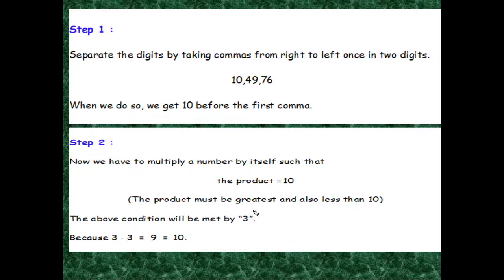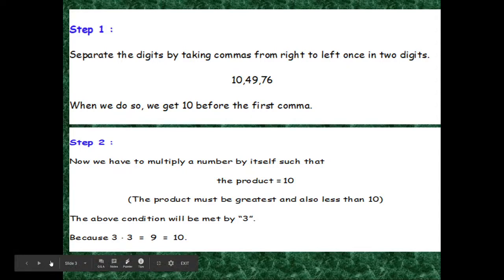Here, the rule is it should not be greater. It should be less than 10 or closer to 10. The number which we take should not be greater than 10. So we can take 9 as our answer here. 9 is very close to 10, right?